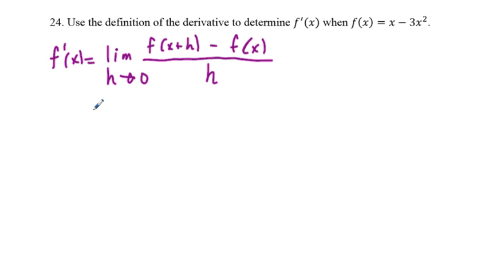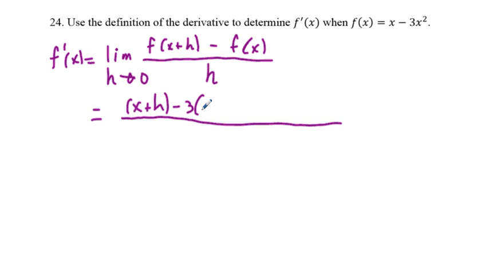For this, what we're going to do is plug in f of x in the numerator. Anywhere there's an x, we're going to put x plus h. So we have x plus h in place of the first x, minus 3 times x plus h squared. Then we have minus f of x, which is minus, I'll just put parentheses here, x minus 3x squared.